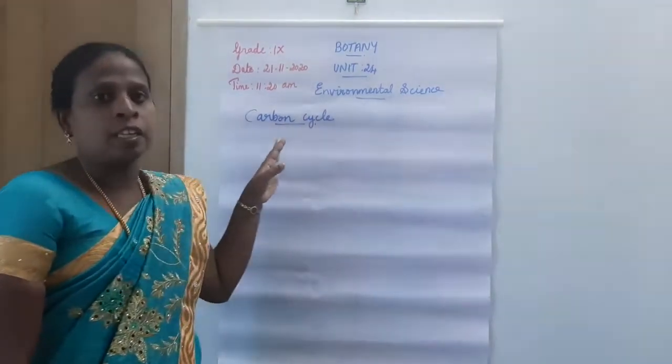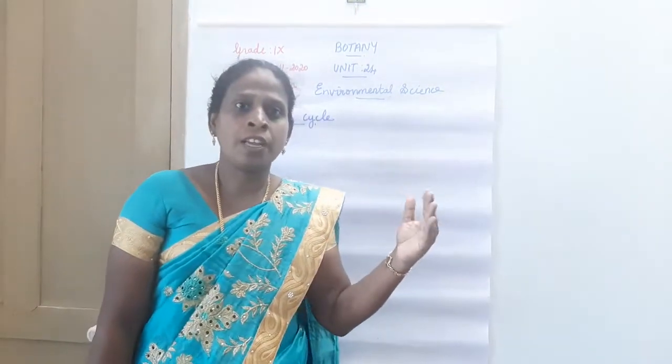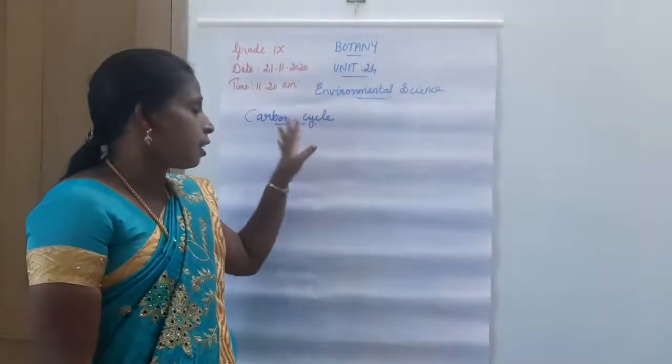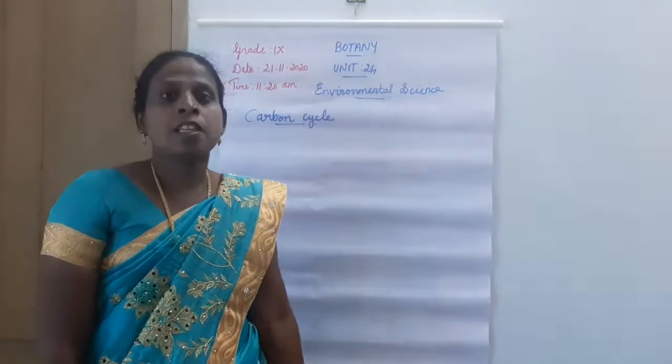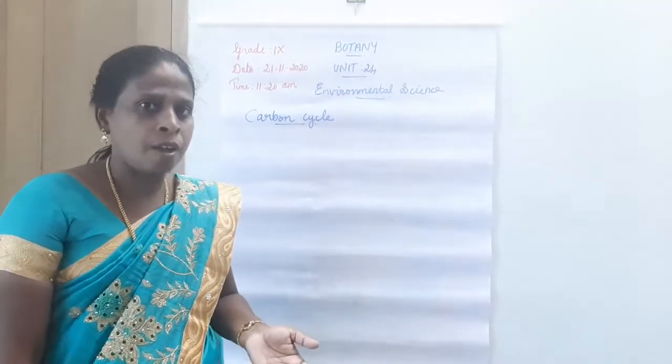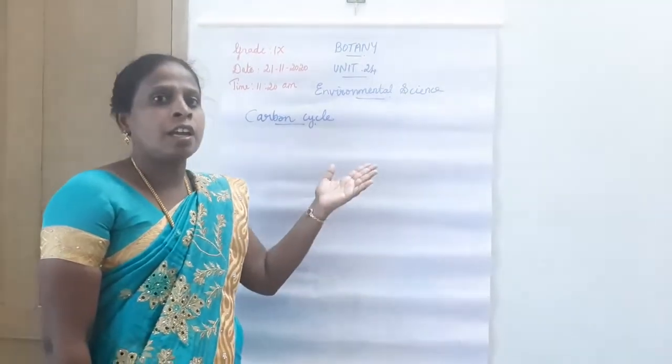Carbon cycle. On the earth there are various types of carbon present. The carbons are in the elemental form as well as in combined forms.